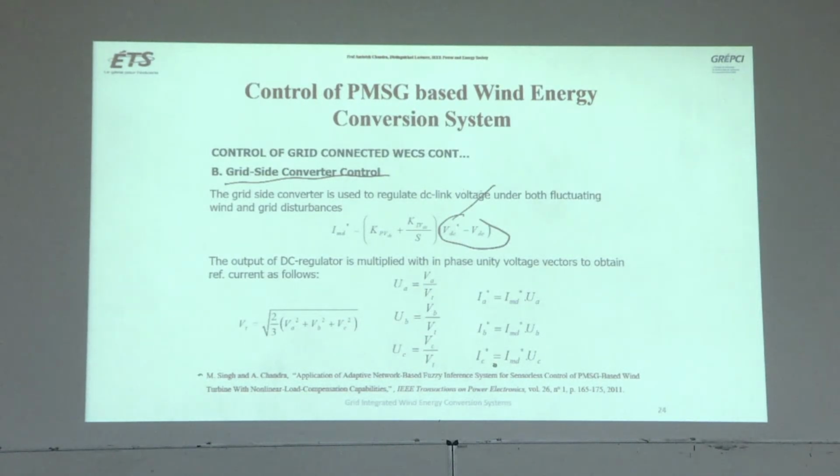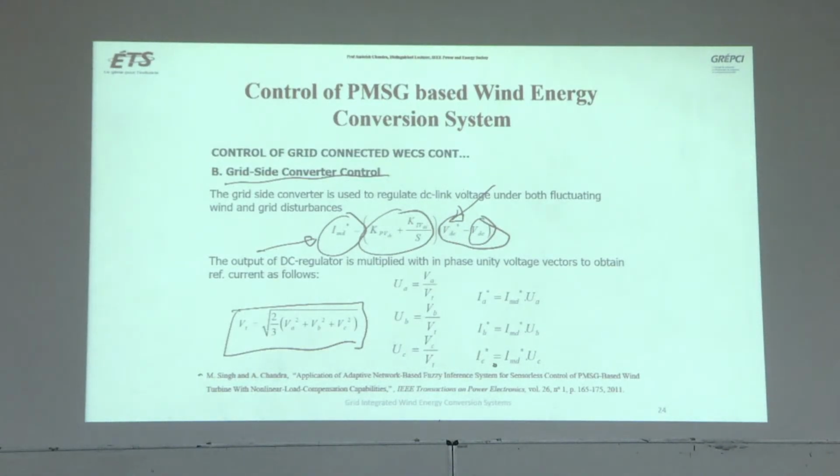We had the reference DC link voltage and measured DC link voltage, PI control, and it gives you the amplitude reference of the current. Then, like yesterday the professor was saying, you are using a unit template, and there is a problem in the unit template when the voltage is distorted. Right, you are right, that is the right way.